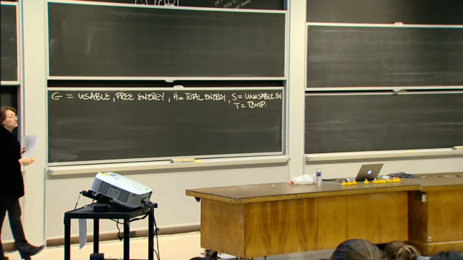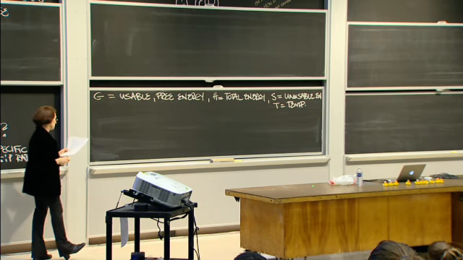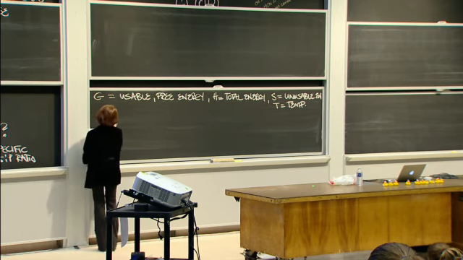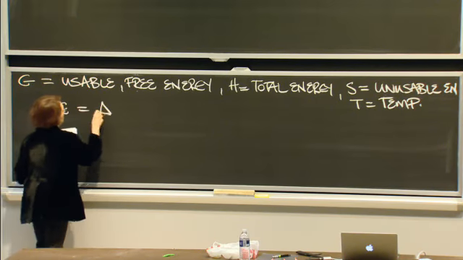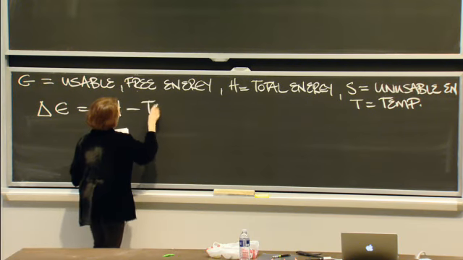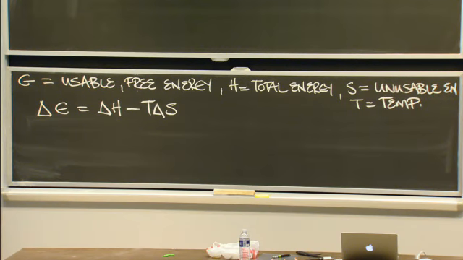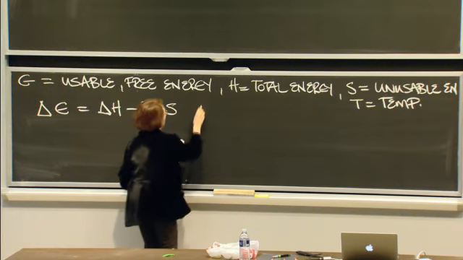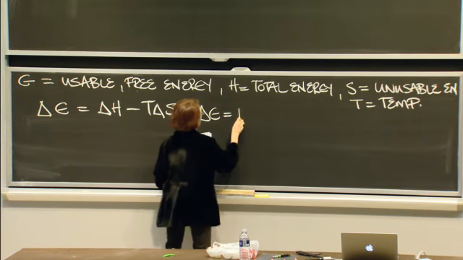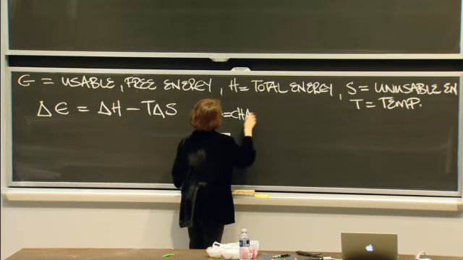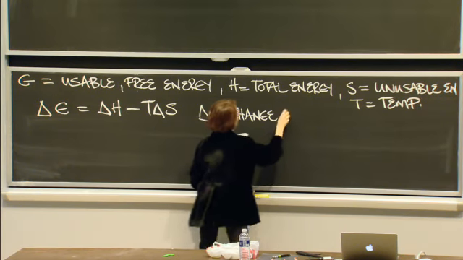And the equation you may be familiar with is delta G equals delta H minus T delta S. And the thing that's important here is what this means. Delta G is the change in free energy with a chemical reaction.